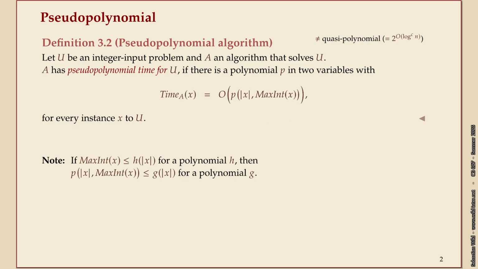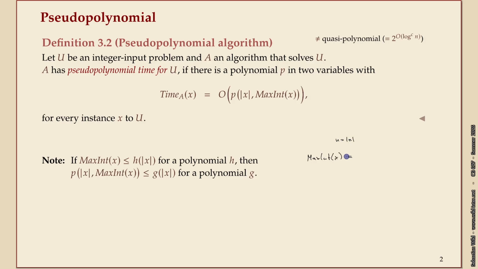Specifically, if we can bound max int by some polynomial in the input size, then the overall thing is also a polynomial, a different polynomial. That's just because if you insert, say, max int of x is, and we use n as the length, right?